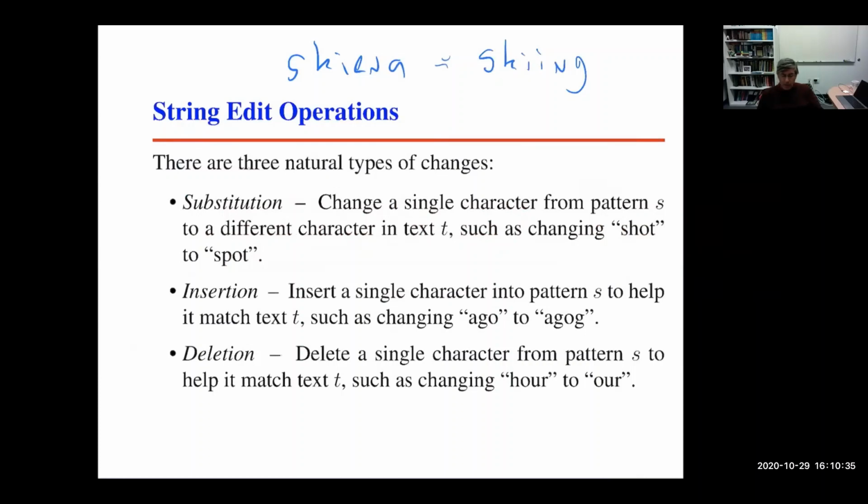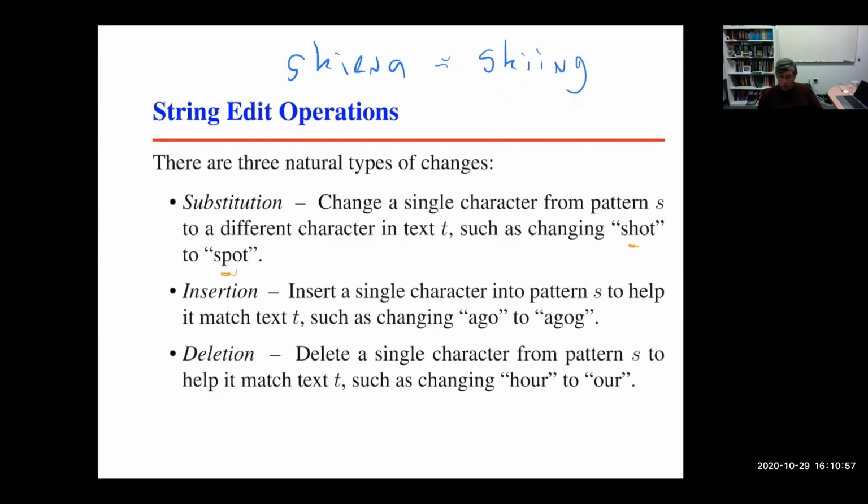The changes I'm allowed to do is change one character from one letter to another. So I could change shot to spot in one substitution. Does everybody see that? I'm allowed to insert a character.